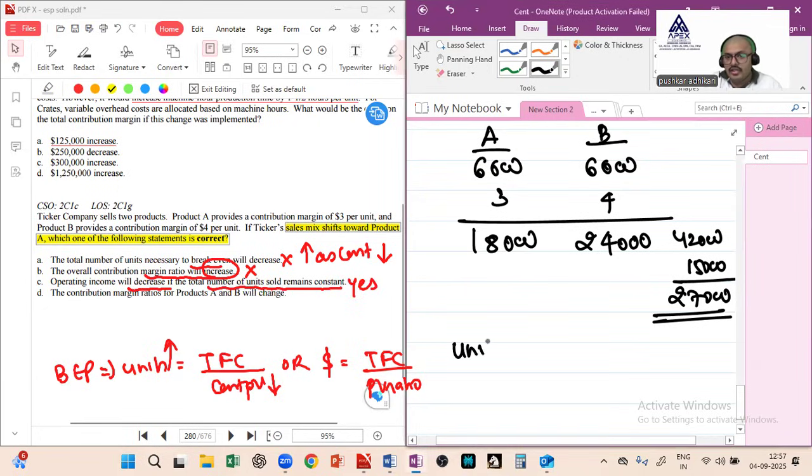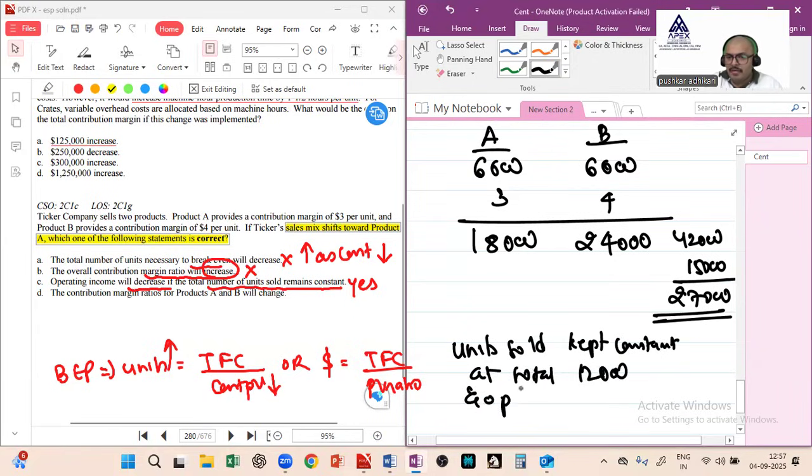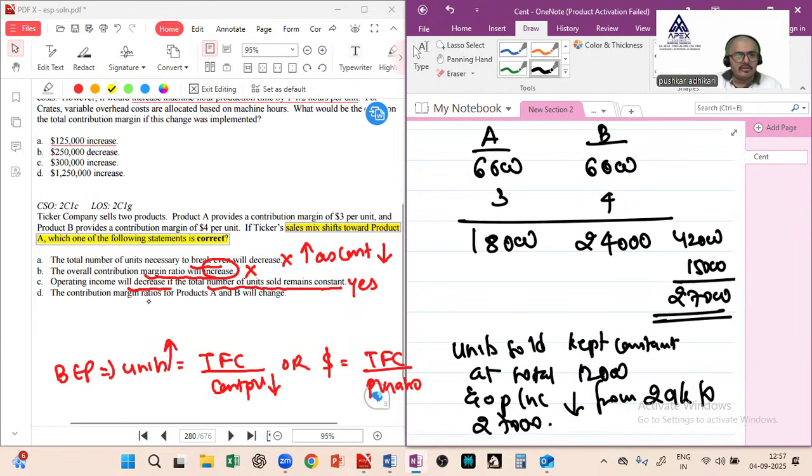Essentially, units sold is kept constant at total 12,000, and operating income has fallen from 29,000 to 27,000. The contribution margin ratios for A and B will change. No, they will not change. The contribution margin stays the same.